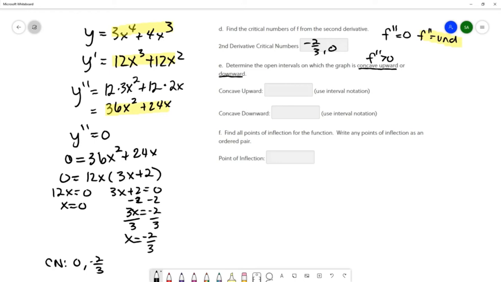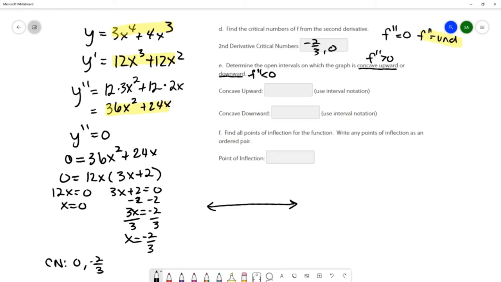And when the second derivative is less than 0 or negative, the original function is concave down at that point. So we're going to build a chart and determine the sign of the second derivative for the whole domain, negative infinity to infinity.